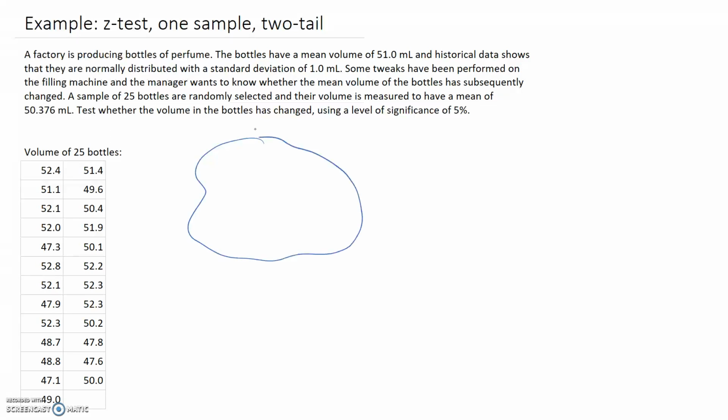So we have a population, which is going to be all the bottles of perfume in this factory. What we're told is that they have a mean volume of 51. So that's going to be the mu for the population. And it has a standard deviation of 1 milliliter. So that's going to be sigma.